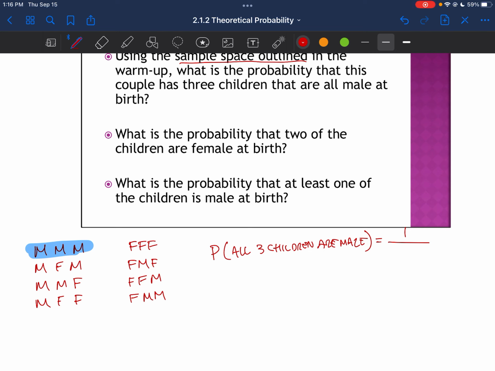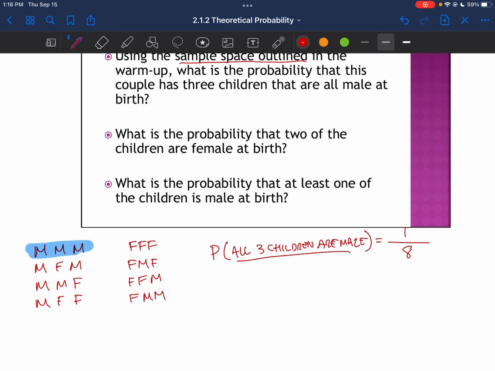So we have one scenario that is the favorable outcome, what we're looking for, and then we have the whole sample space, which is all the possible outcomes. In this case, there's 8. So the probability that all 3 children will be male is 1 in 8.